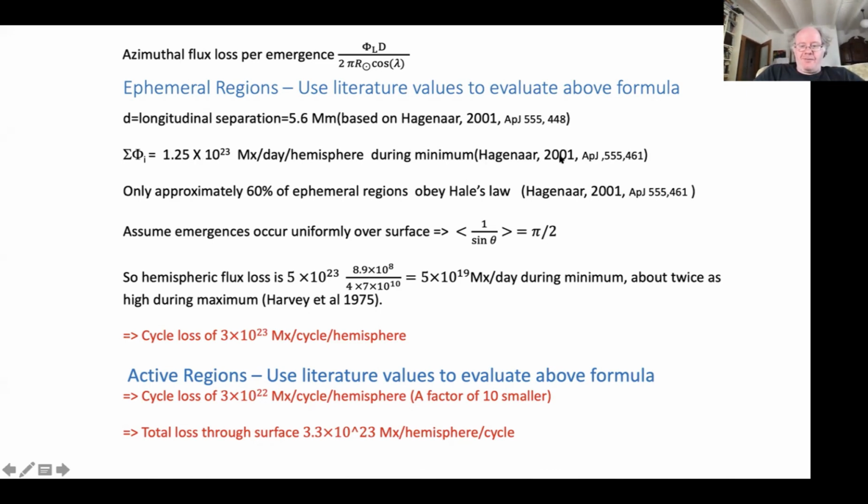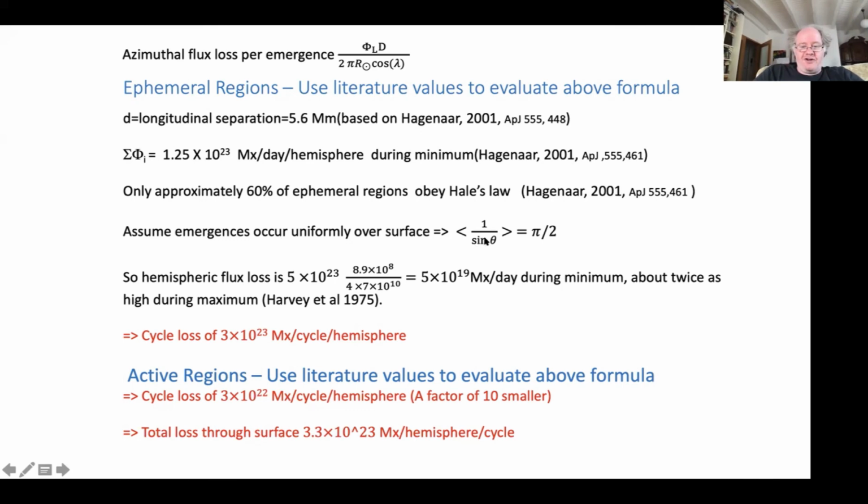You can look at how much flux emerges per day. Again, Hagner 2001 gives a value of 1.25 times 10^23 Maxwells. Approximately 60% of these obey Hale's law, which means you need to multiply this number by 0.2, because 60% do and 40% don't, so 20% preferentially obey Hale's law.